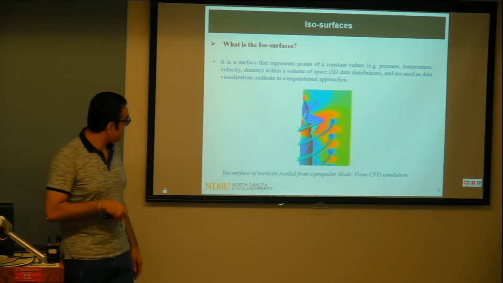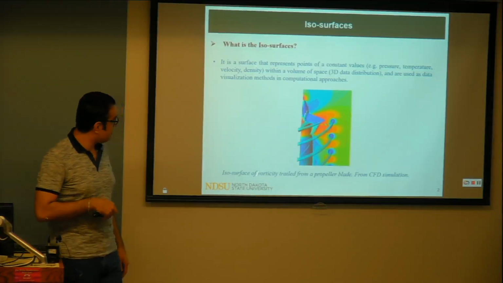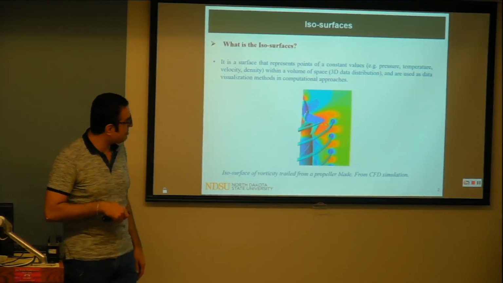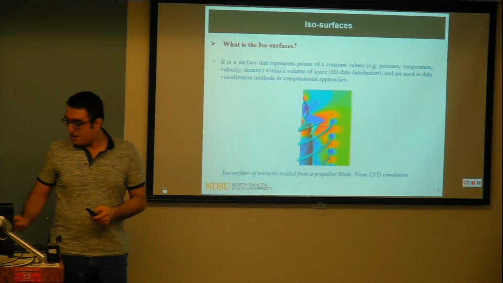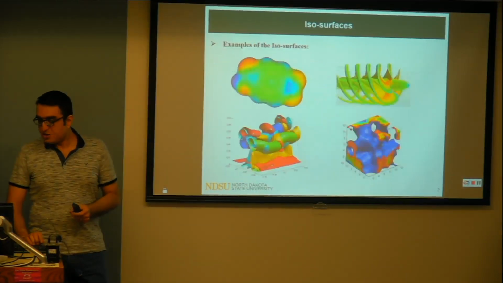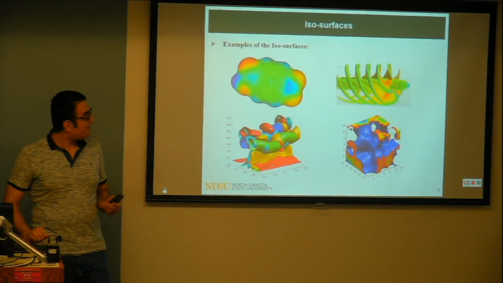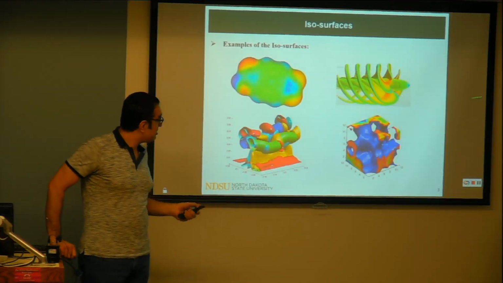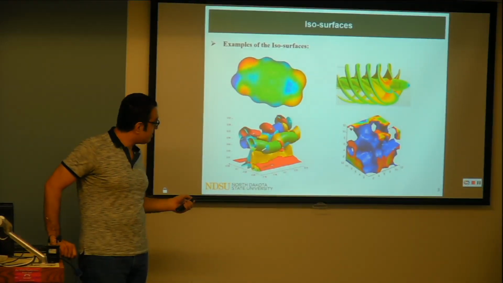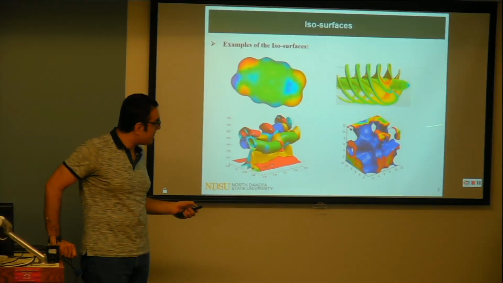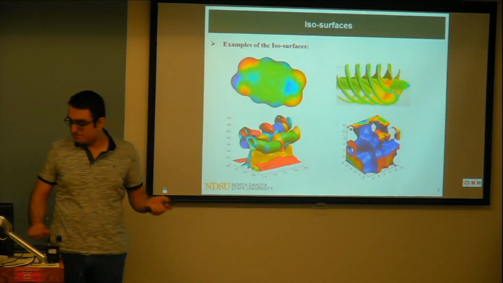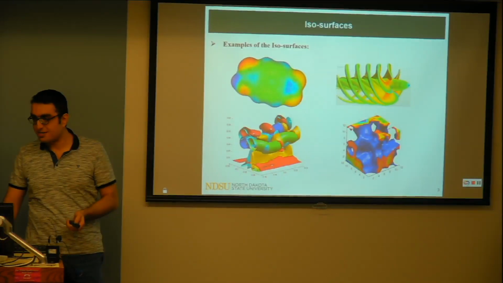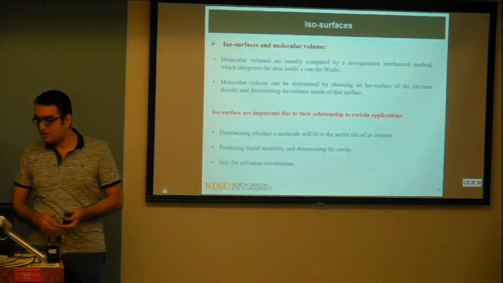Here is an example showing an isosurface of vorticity for a blade using CFD simulation. Other examples include chemical composition and a blade in industrial applications. Also, these are some isosurfaces plotted with MATLAB or Python. There is also a lot of software that can generate isosurfaces.